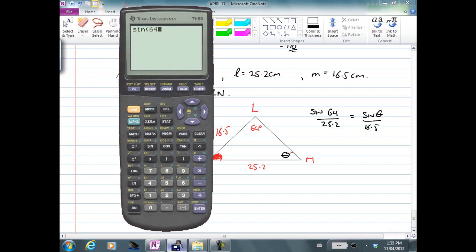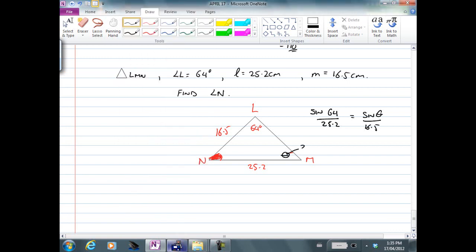Times 16.5, inverse sine, 0.588496, 36 degrees. So we know this angle is 36. Theta equals 36.